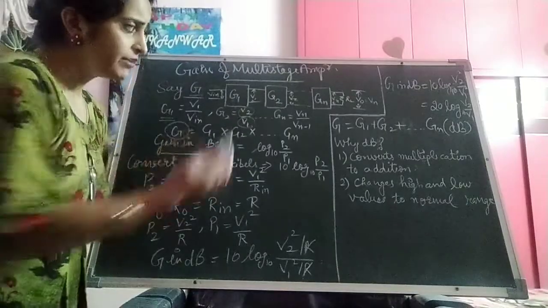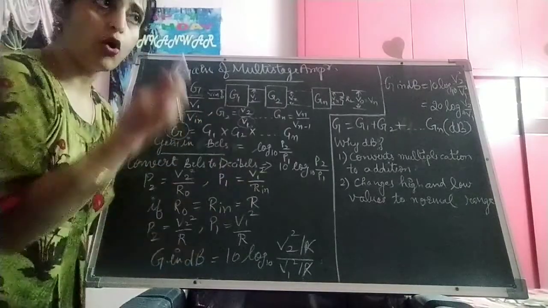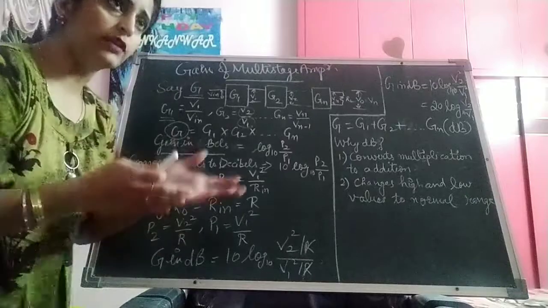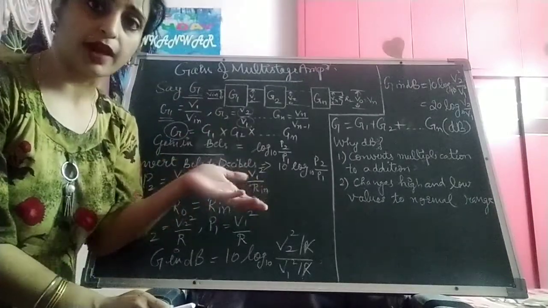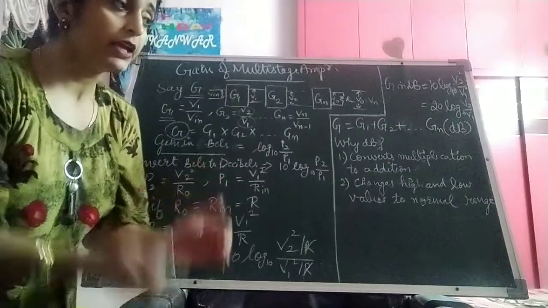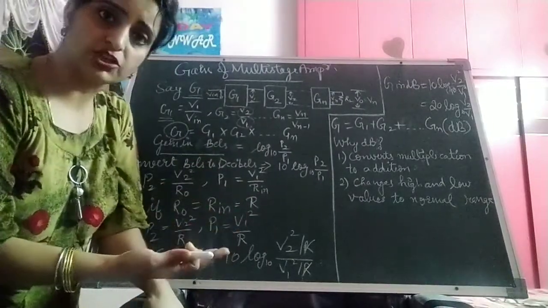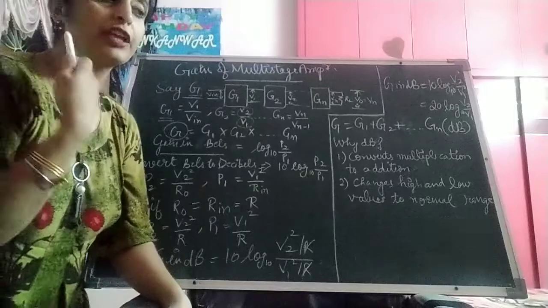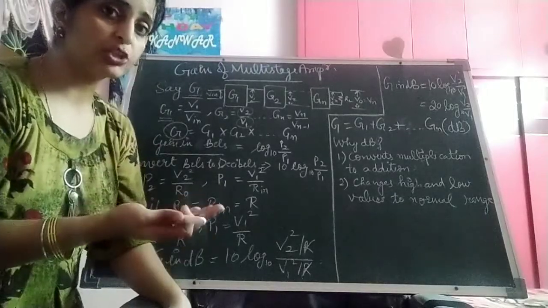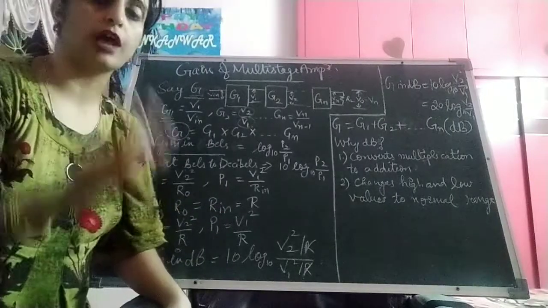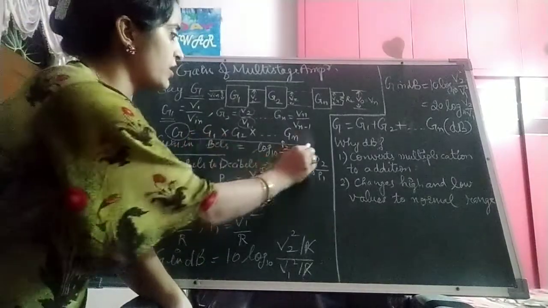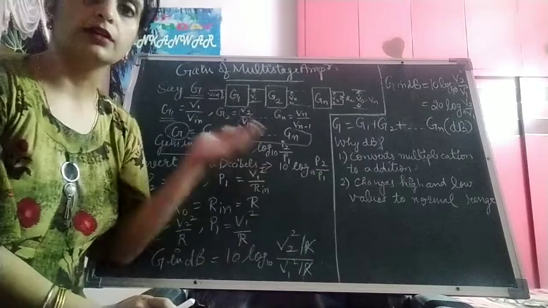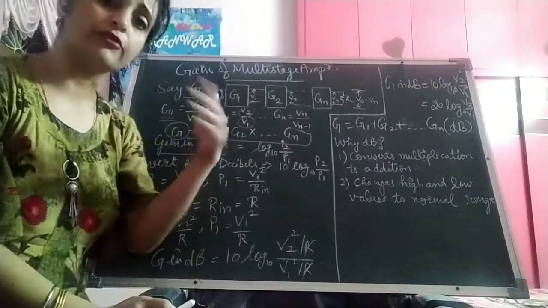But if we have only one or two stages, or the gain of the stage is 1 or 2 or 3 or 4, then it will be easy for us to calculate the gain. But if we have numerous stages, or the gain of the stages is very high, around hundreds or thousands, then it will become very difficult for us to calculate the product of the gains of the different stages.